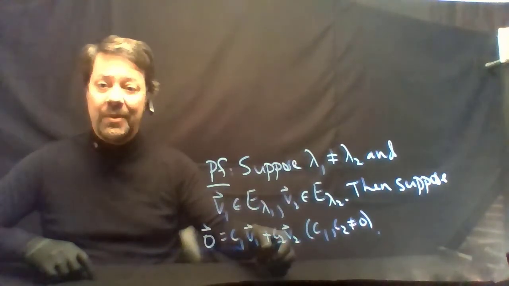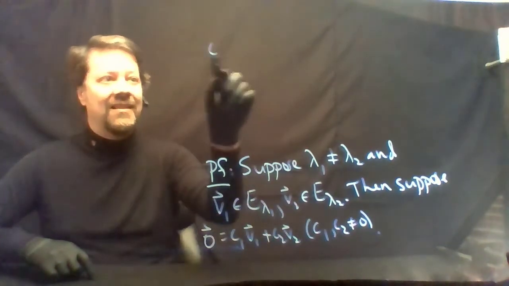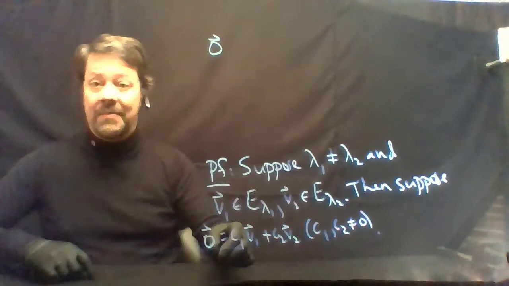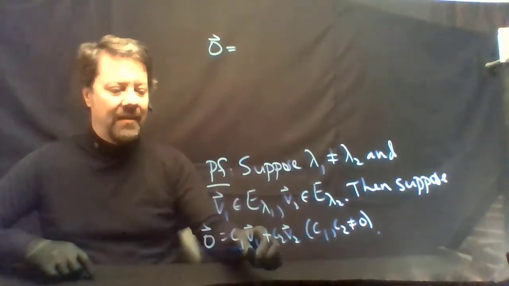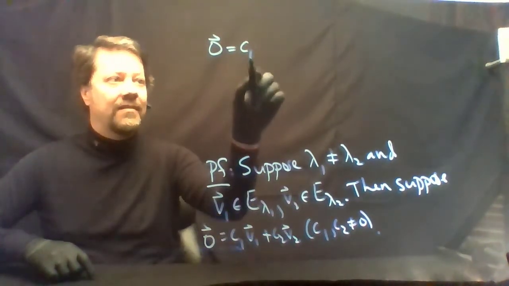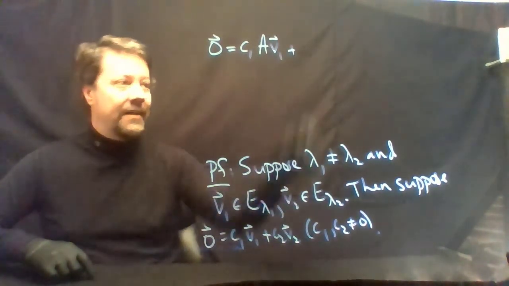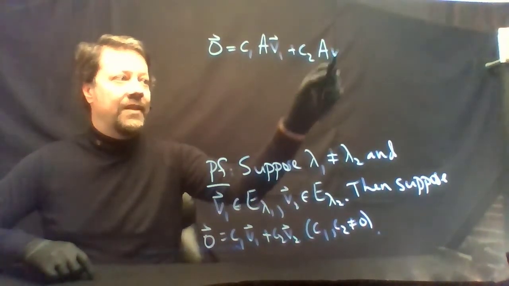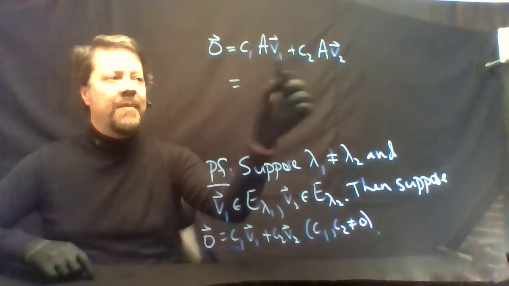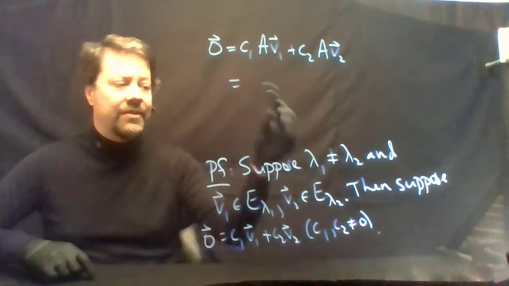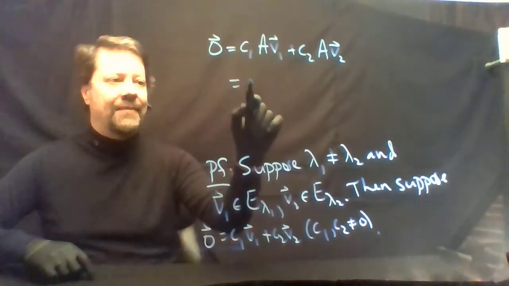If we multiply both sides of this equation by A, A times 0 is still 0. A times v1 is A v1 and A times v2. But remember that v1 and v2 are eigenvectors corresponding to lambda 1 and lambda 2.